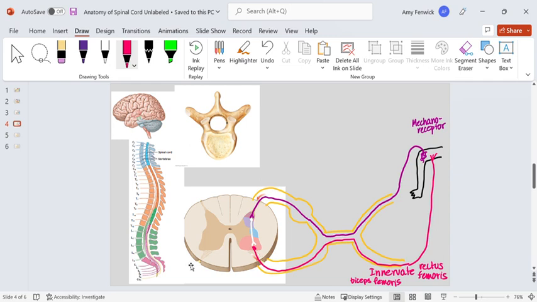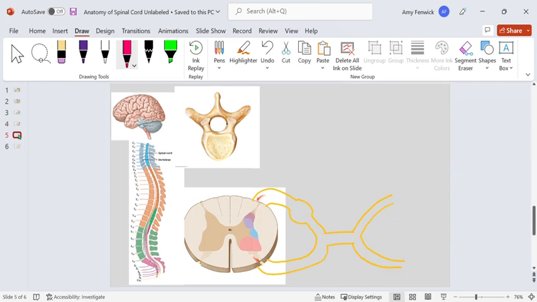Let's do another one, because repetition is what really drives information home sometimes. Let's activate more neurons. Let's pretend that we have your skin here. So here's your skin, here's the epidermis, and you've got a hair in the skin.